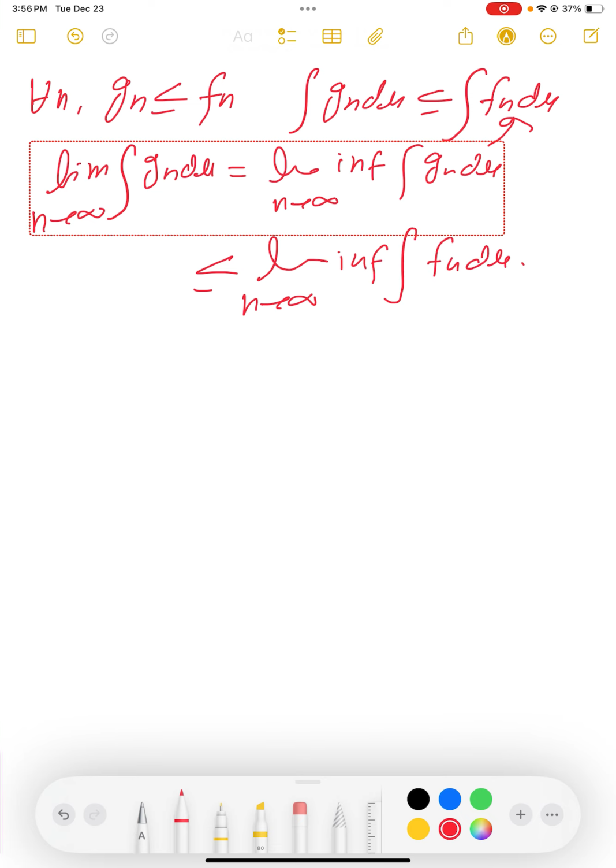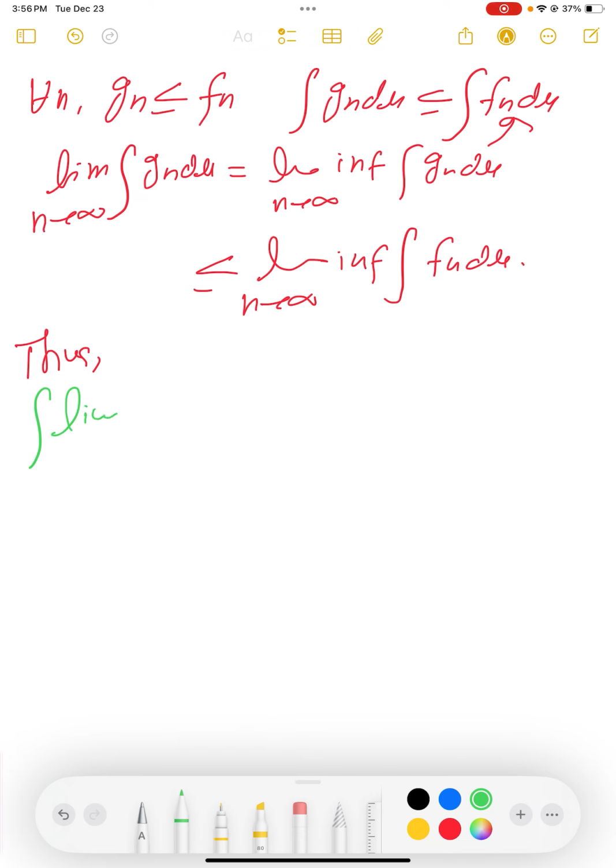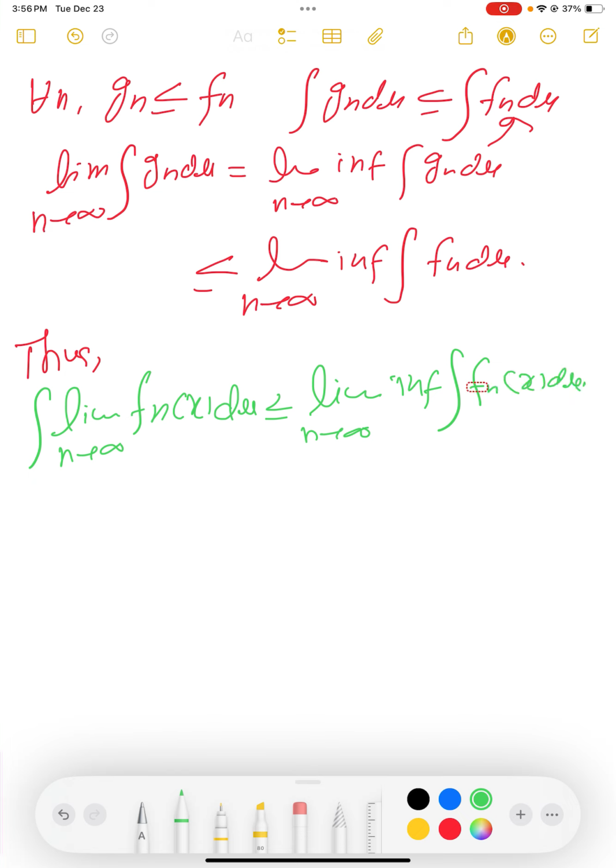Thus we got that the integral of lim inf f_n(x) d mu is less than or equal to the lim inf of the integral of f_n(x) d mu. Hence we are done. That is what we call Fatou's lemma.